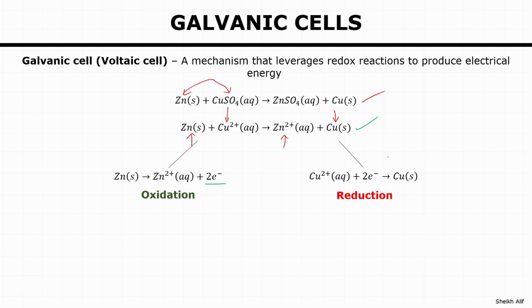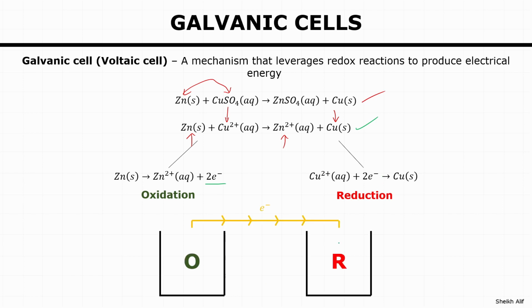In a galvanic cell, all you're trying to do is separate the oxidation and the reduction reactions. If you can separate them, the electrons move from the oxidation half reaction to the reduction half reaction. All we have to do is provide some pathway for the oxidation reaction and the reduction reaction to happen, and that produces a flow of electrons, and we call that electricity.